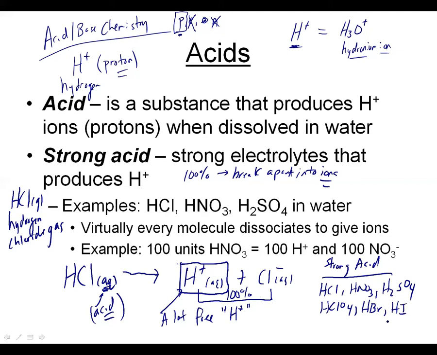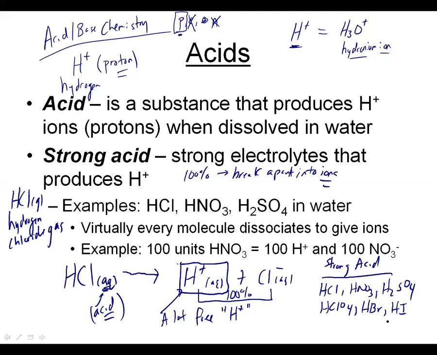So those are 6 common strong acids that we come across a lot in chemistry: hydrochloric acid, HNO3, nitric acid, H2SO4, sulfuric acid, HClO4, perchloric acid, HBr, hydrobromic acid, and HI, hydroiodic acid.